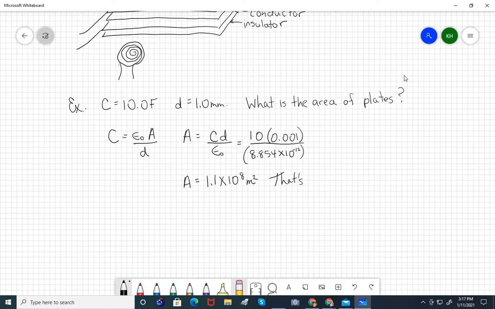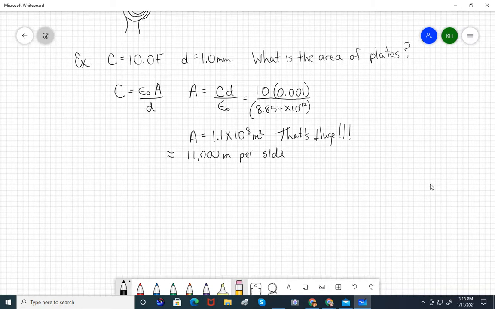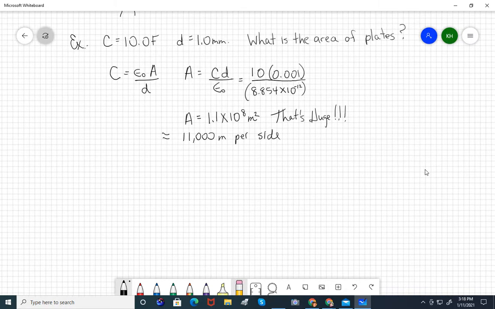That's huge. That's bigger than Manhattan Island. That's approximately 11,000 meters per side if this is a square. Well, all that to point out is you won't find a 10 farad capacitor, at least not in everyday electronics. Capacitance is usually found on scales of microfarads or picofarads.